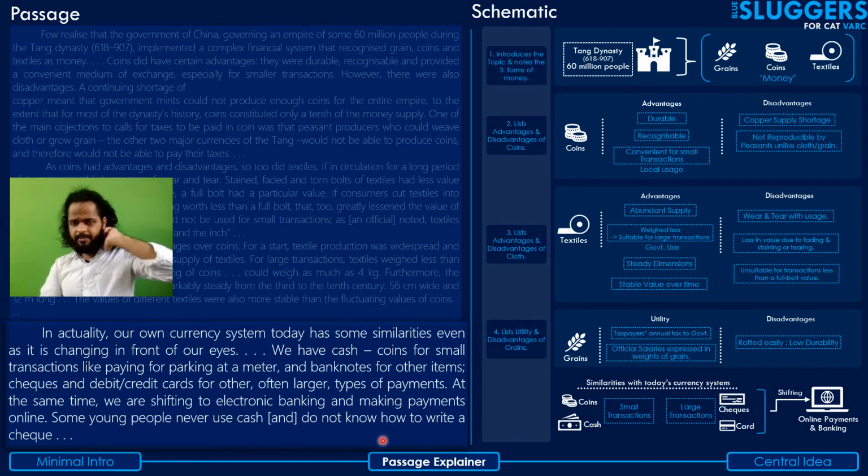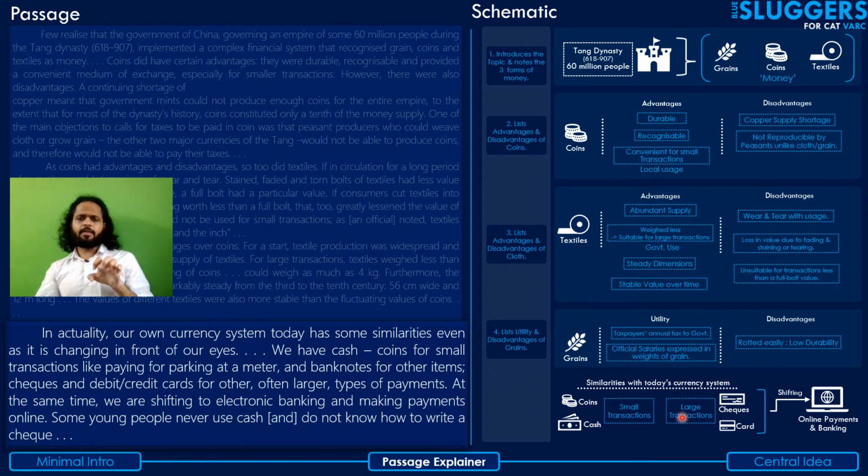See, guys, what he has done in this last para is he has talked about how, at a conceptual level, the usage of the various denominations like grains, coins, and textiles is actually quite similar to the financial system of denominations that we have today, right? So even for smaller transactions, we use coins and cash, like they used to use coins, and for larger transactions, in our case, we have checks and credit and debit cards, etc., while they used to have textiles.